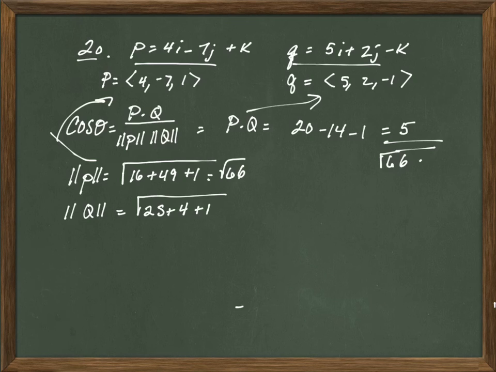So that would be the square root of 30. So theta is equal to the inverse cosine of 5 over the square root of 66 times 30.